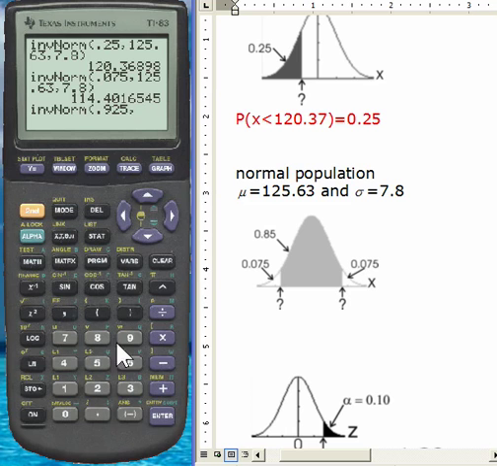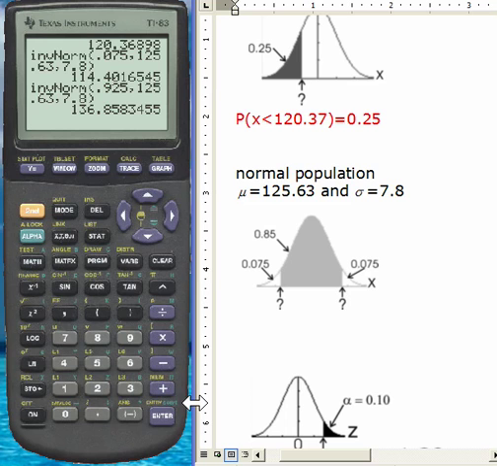And we press the comma. We enter the mean of 125.63, comma, then the standard deviation of 7.8, then a right parenthesis. Hit enter, and that's our upper bound. Right here is 136.86, rounding off. So let's type that in.